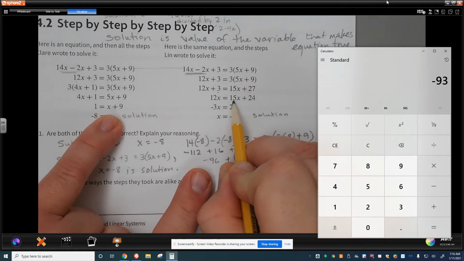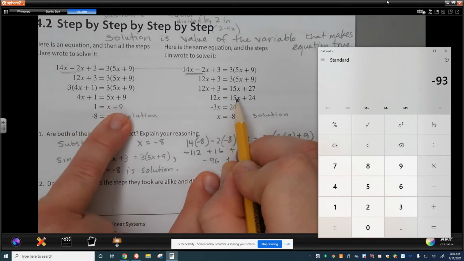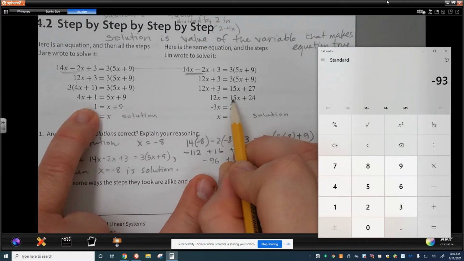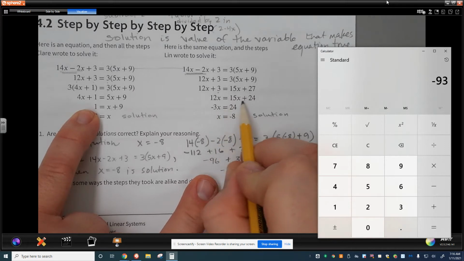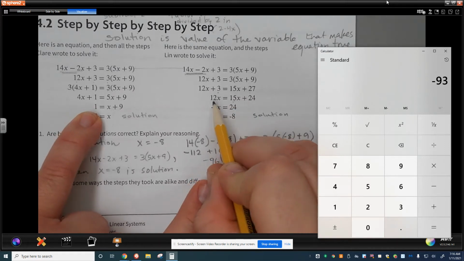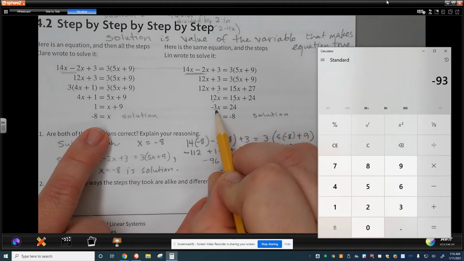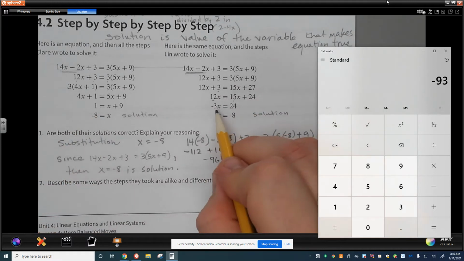And then for the very last step, Claire had to subtract 9 from both sides, and Lynn had to subtract 15 from the 12x, and then it was a matter of dividing by the coefficient that was left.